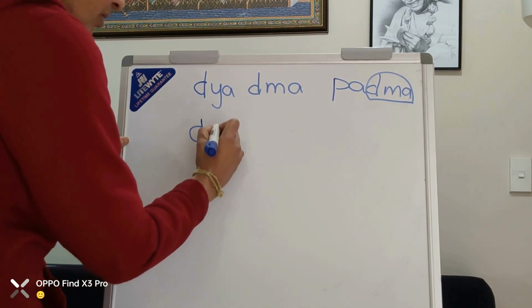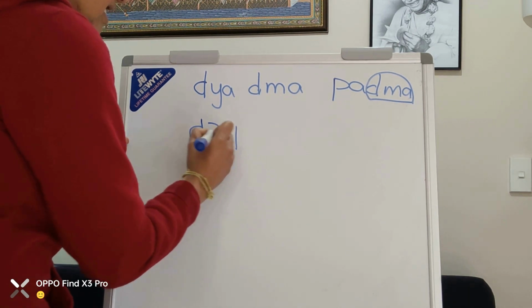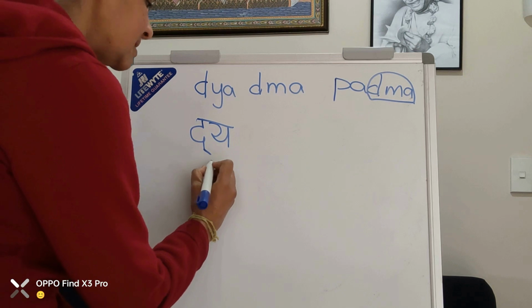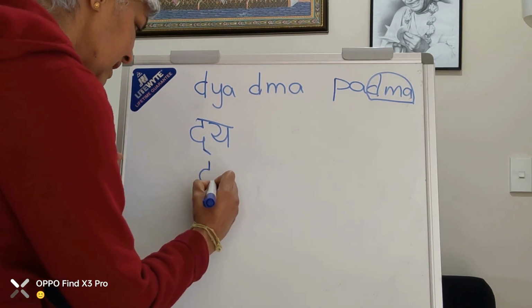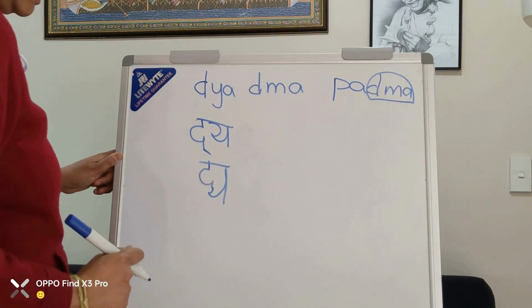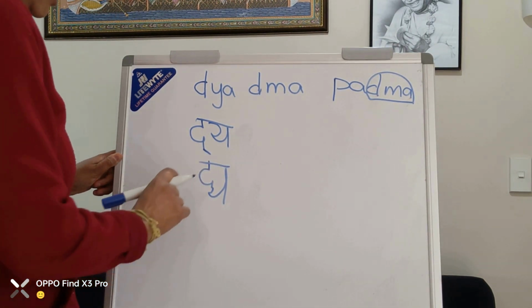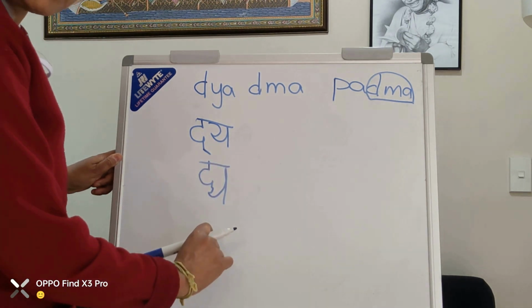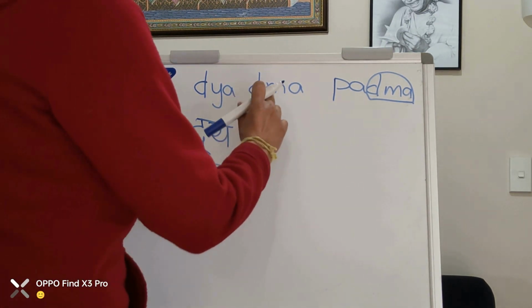Dya, now the is written like this. So basically you're going to write this, right? Id, ya, Dya. This is written as this. Okay? So you have the and the ya sitting under it. Okay? Dma similarly.